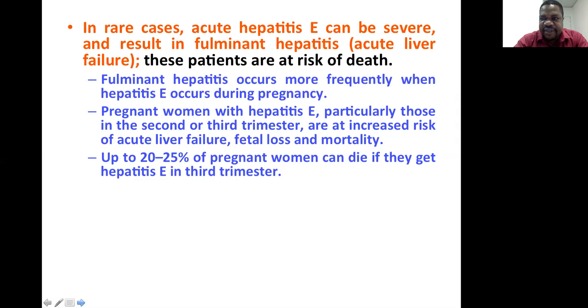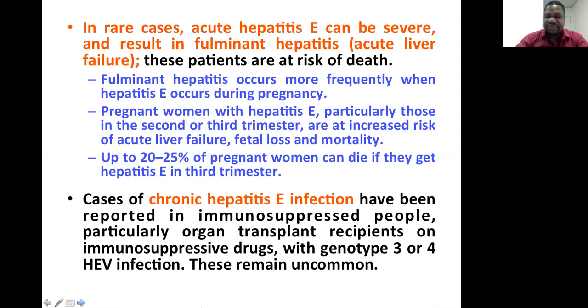So it is a serious condition among pregnant women. Up to 20 to 25% of pregnant women can die if they get hepatitis E, especially in the third trimester. So it is a very big problem.